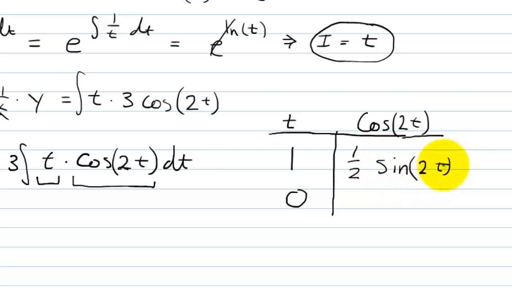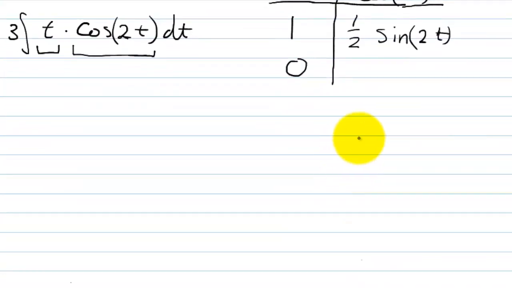If you're wondering how I get this, what I'm actually doing is u substitution. I let u equal 2t, then du is equal to 2 dt.